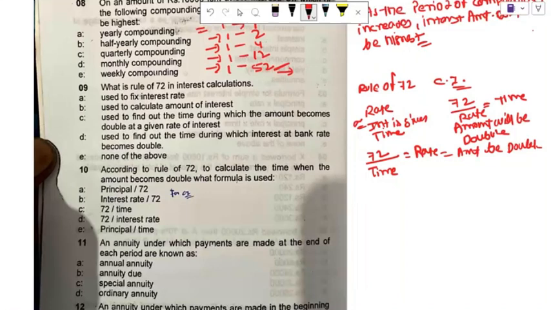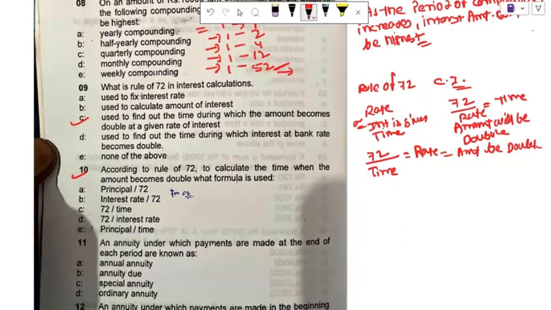So what is the rule of 72 in interest calculation? Used to fix interest rate, used to calculate amount of interest, or used to find out the time during which the amount becomes double at a given rate of interest. So it is used to find out the time during which the amount becomes double at a given rate of interest. Next question.